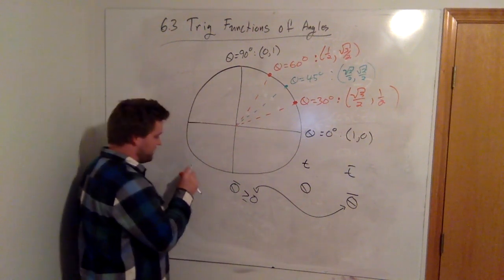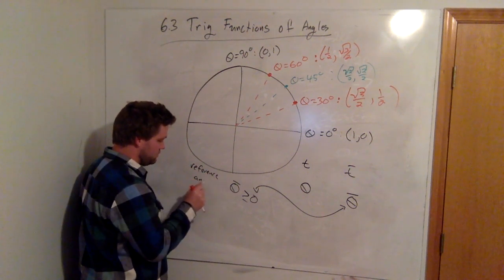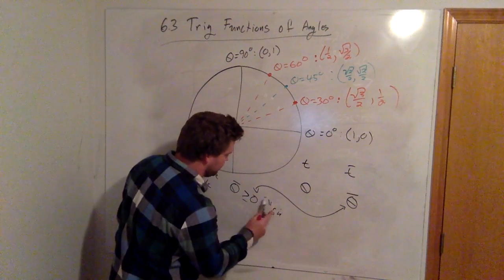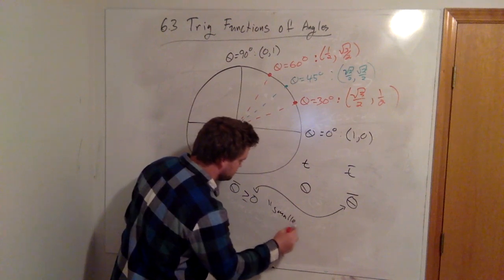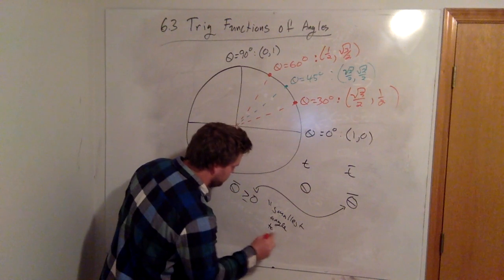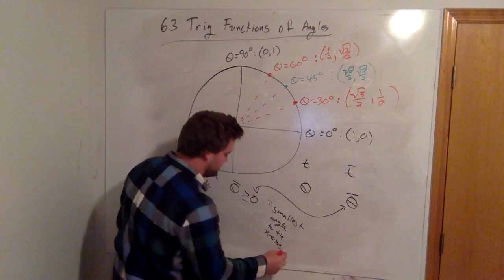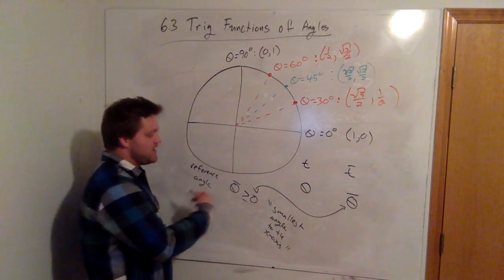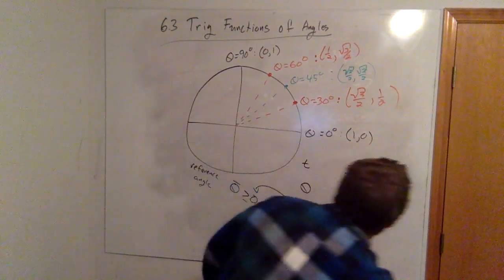This is the reference angle, and it's the smallest angle to the x-axis. So the book, some exercise might ask you for the reference angle, or they might ask you what theta bar is. Okay, so let's go ahead and do a couple examples.